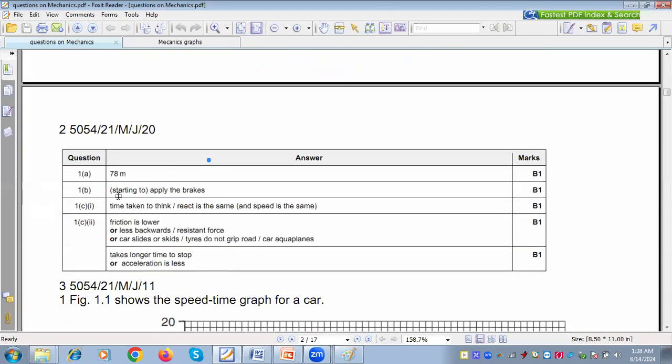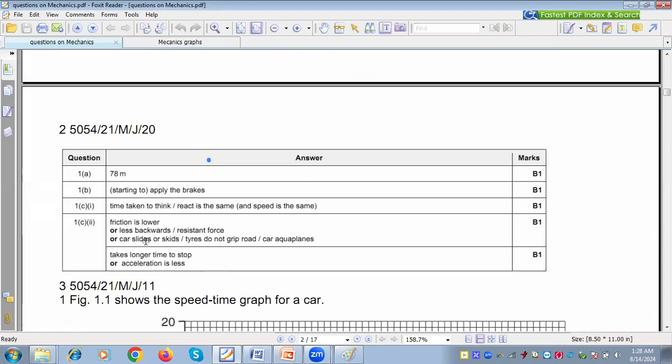The marking scheme is attached here. 78 meters, the starting to applying the brake, time taken to think and react. Okay, that is reaction time, distance covered during the reaction time. Friction on the wet road is lower, so less backward force, less resistance.